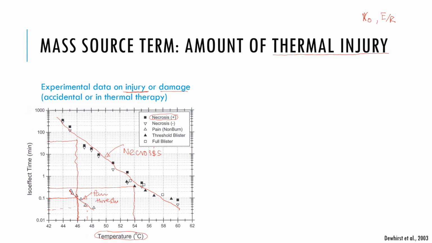So it's a much lower level of injury. Once we have this data, we can fit a line and get this line so that we can interpolate in between or extrapolate and so on. So for this, we think of the injury as a 0th order reaction that is temperature dependent.